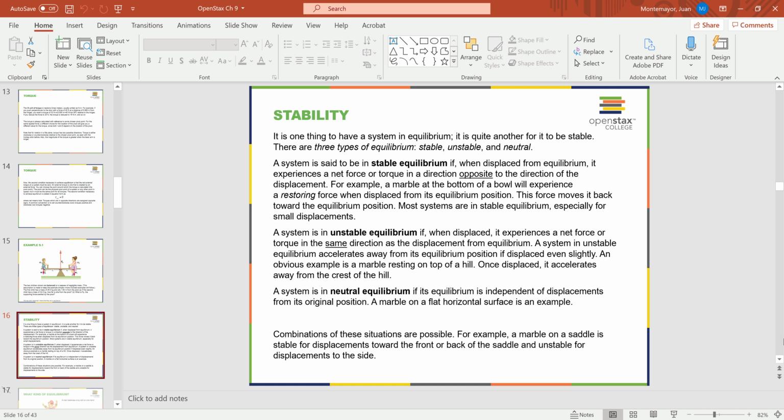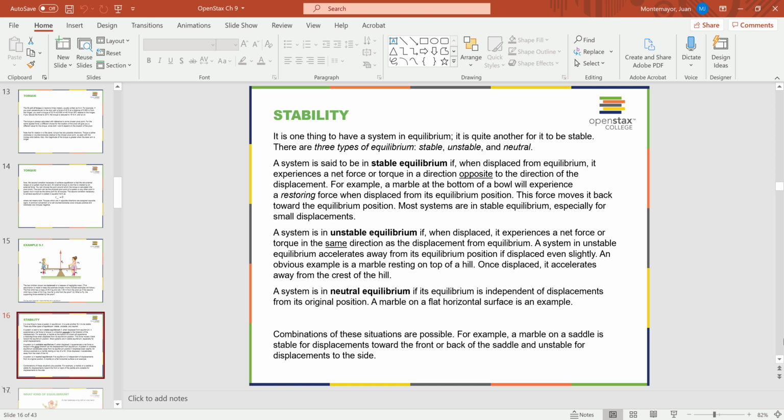A system in unstable equilibrium accelerates away from its equilibrium position if displaced even slightly. An obvious example is a marble resting on the top of a hill. Once displaced, it accelerates away from the crest of the hill, away from its original point.